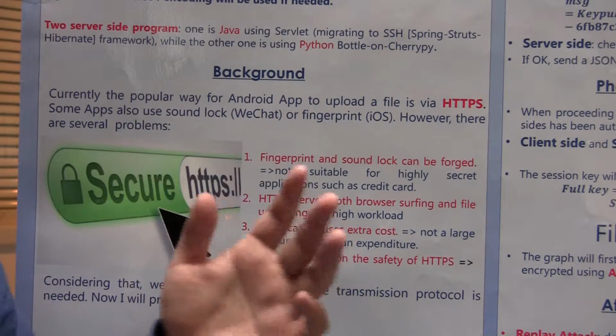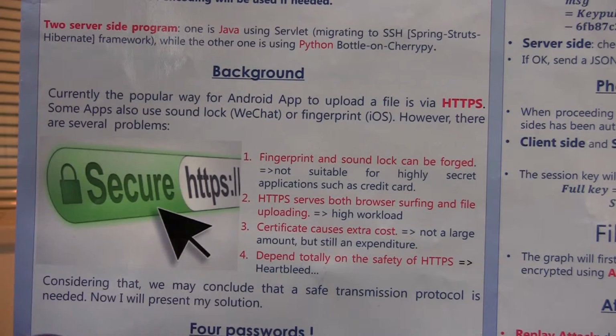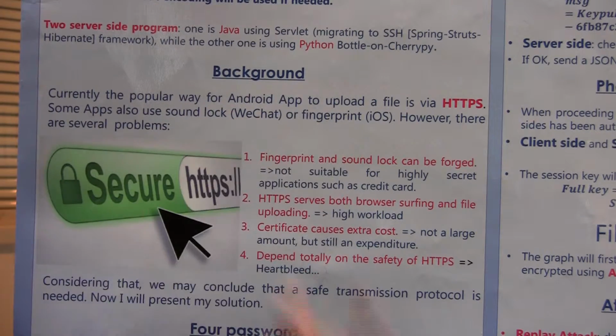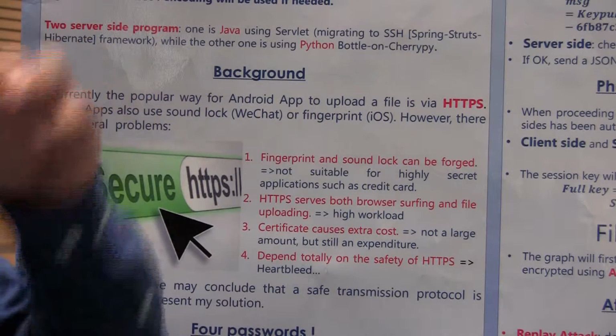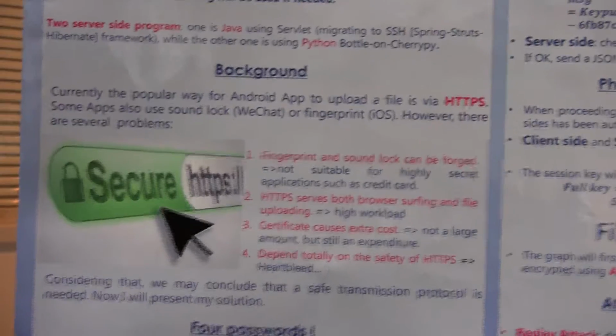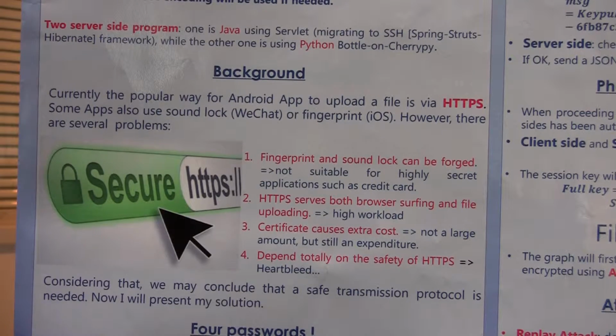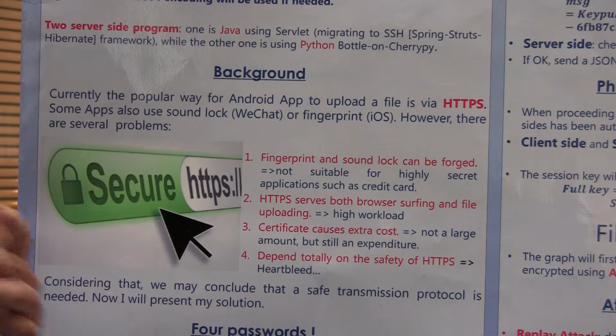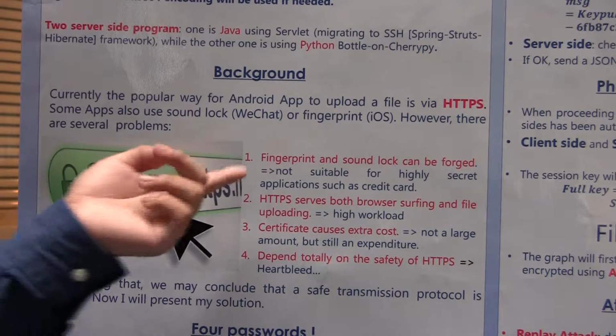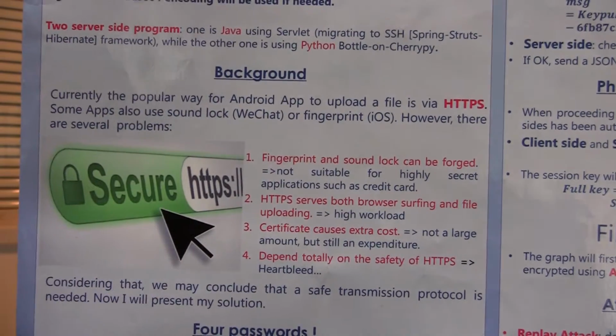Also, some apps will use sound lock or fingerprint, for example WeChat, iOS or Samsung smartphones, and some other apps will also use SSL directly to safely upload some data. But there will be some problems or issues in this mechanism. For example, fingerprint and sound lock can be forged.